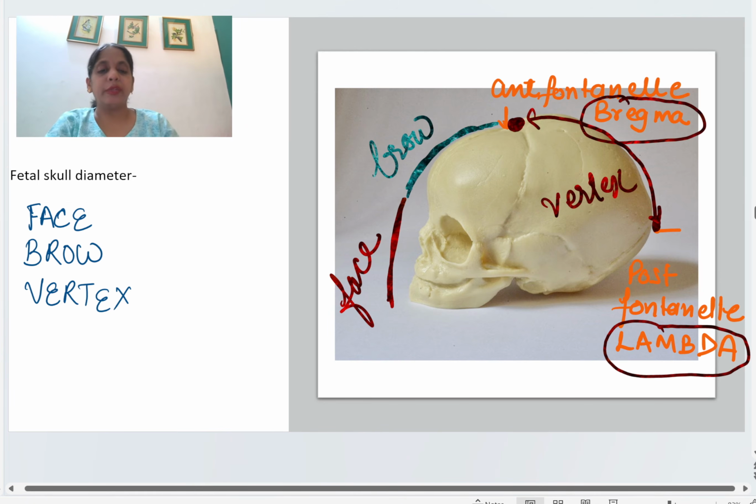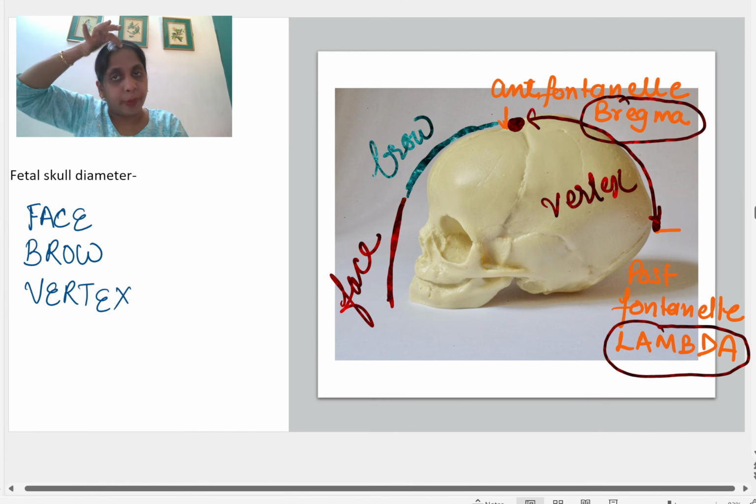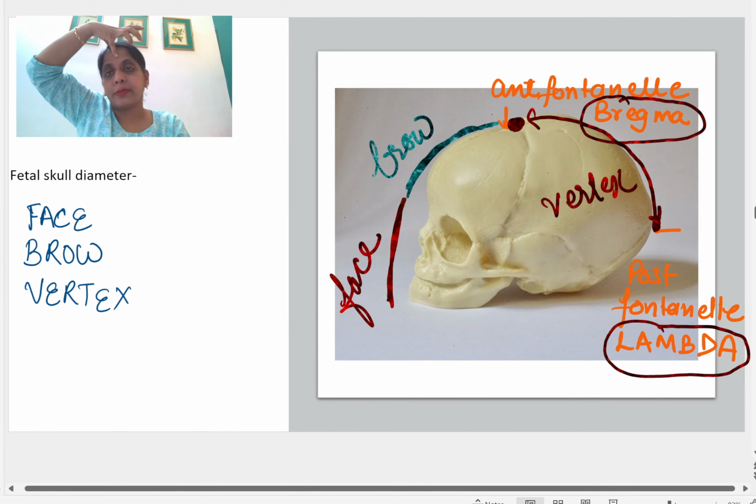So we divide the head of the fetus into three areas.